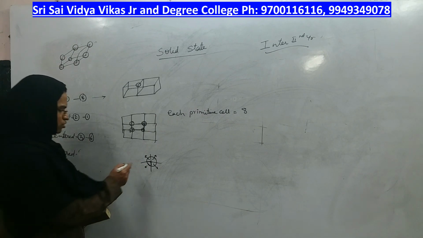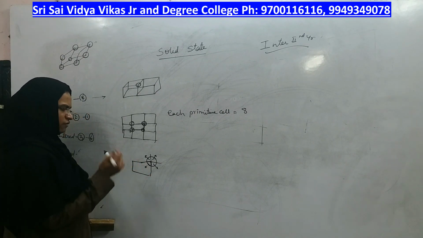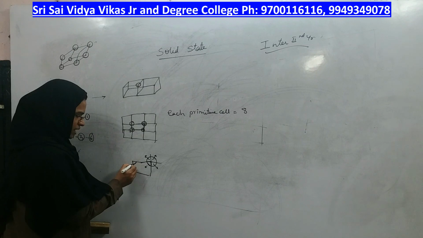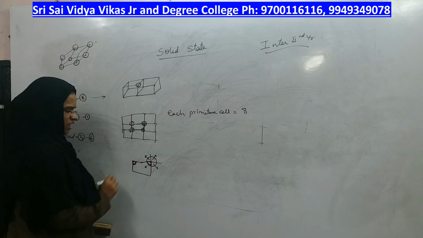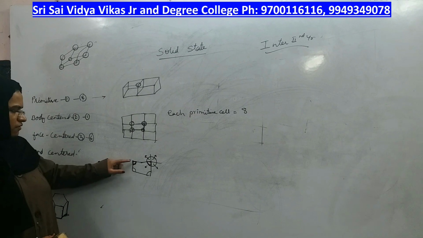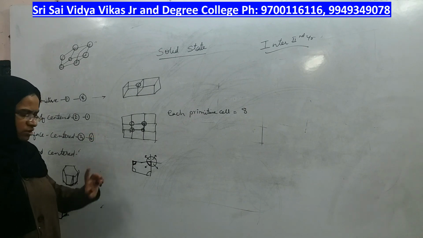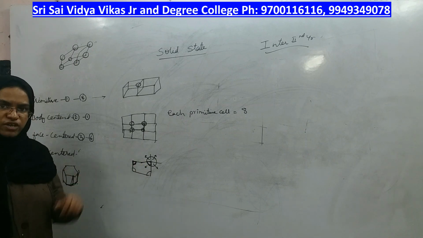Therefore, as the cube has 4 corners like that in front, and 4 corners like that at the back, it means 1/4 part, 1/4 part, half, 1/4 part, 1/4 part, half, right? 1/4 part front and back, 1/4 part front and back, 1/4 part front and back, 1/4 part front and back.